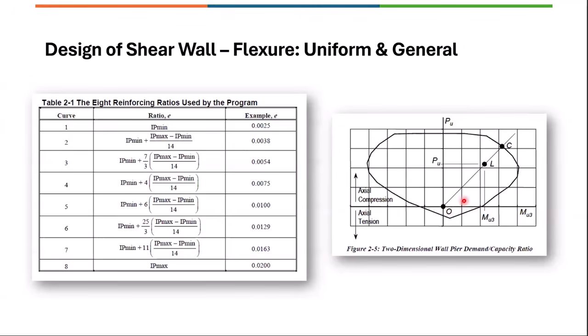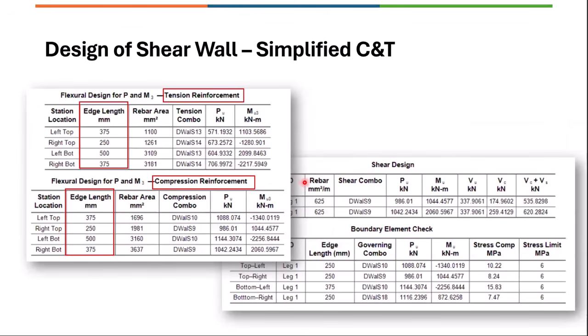Similar demand capacity ratios are obtained, and when the D/C is greater than one, then failure is reported in the design outputs. Now, if you go for simplified C and T output, we'll see these outputs like tension reinforcement and compression reinforcement.